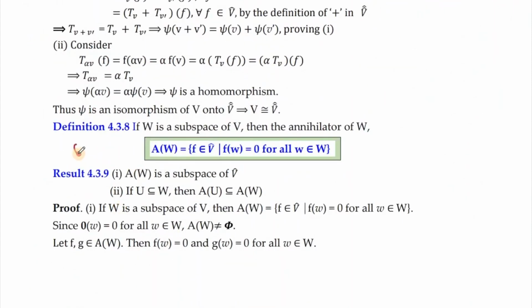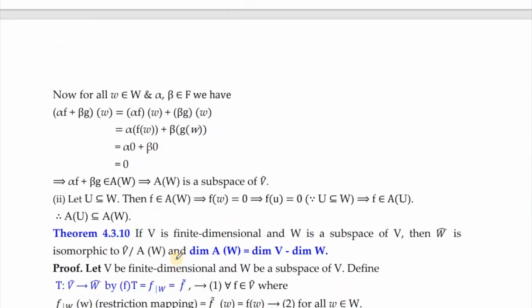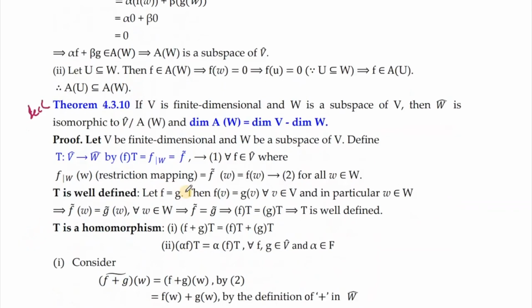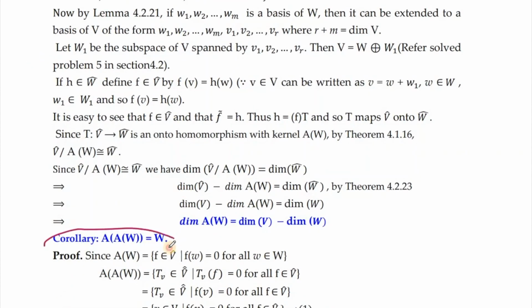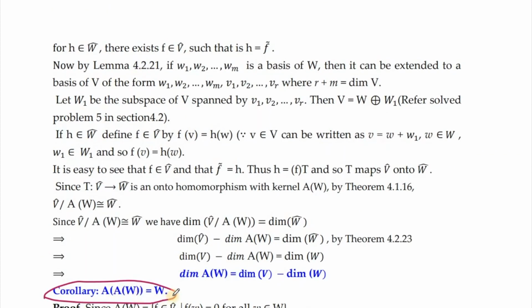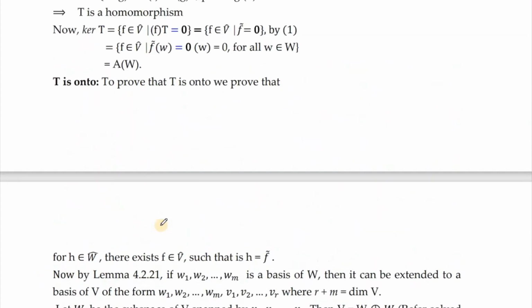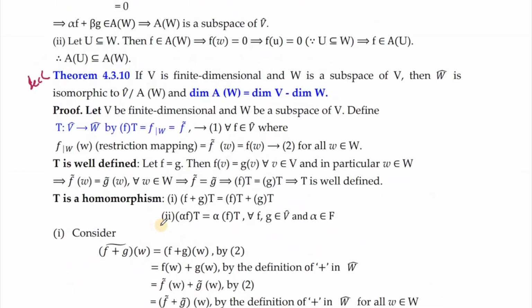This definition can be asked in section A, and this proof that dimension of A(W) is equal to this can be asked in 10 marks, that is section C. And this is a repeated question, corollary to the theorem: annihilator of annihilator of W is equal to W. That's section B.